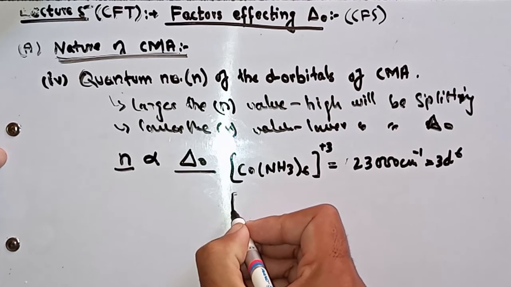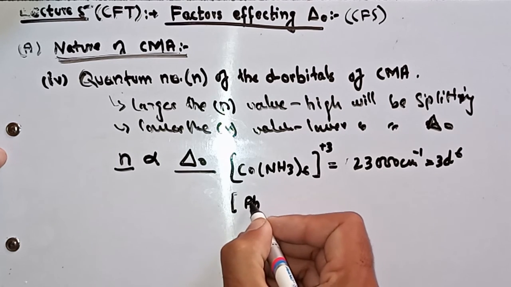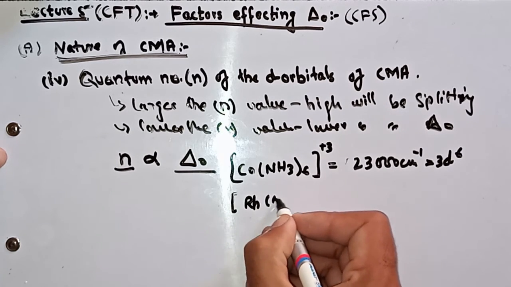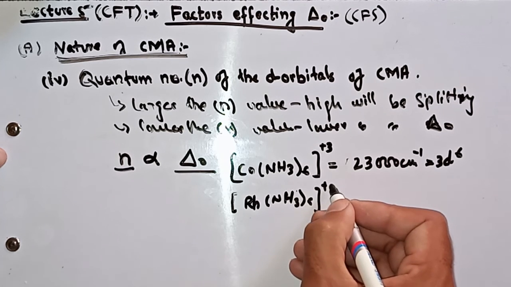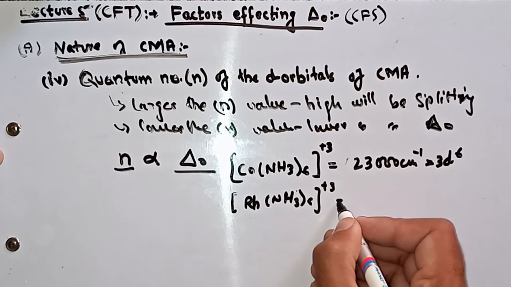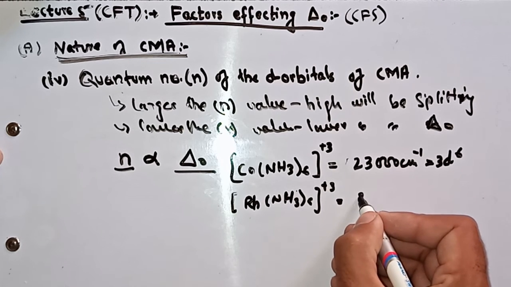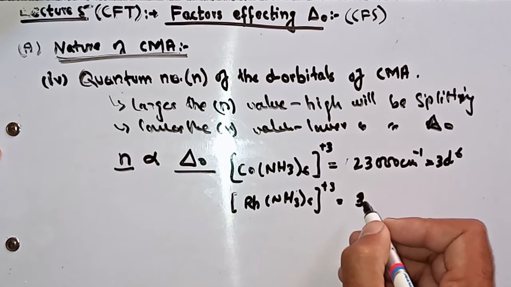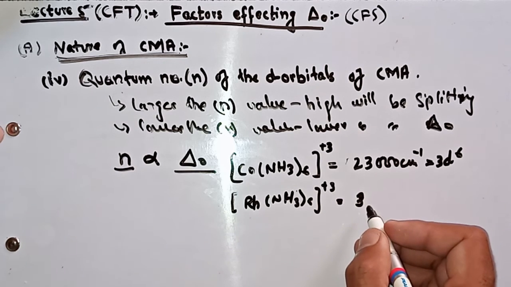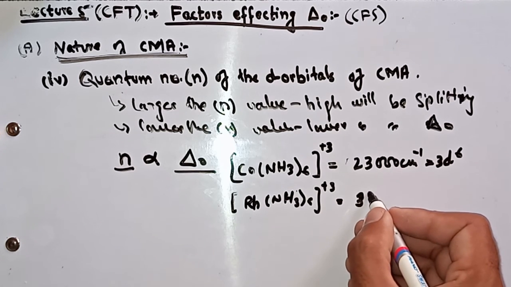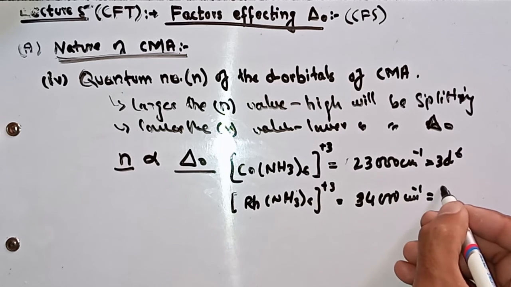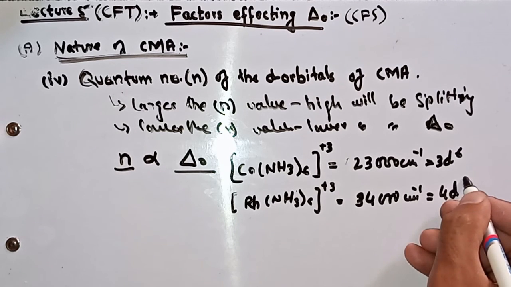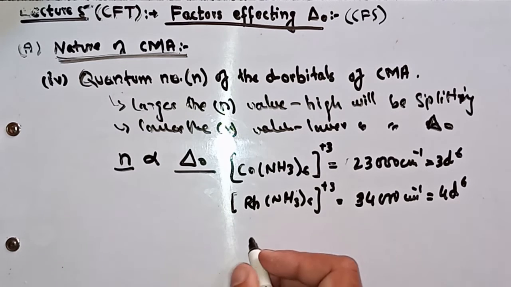In the case of Rh(NH3)6 3+, also a plus 3 charge with the same oxidation state, the experimental value of del naught is 34,000 cm inverse, and it is a 4d6 system.